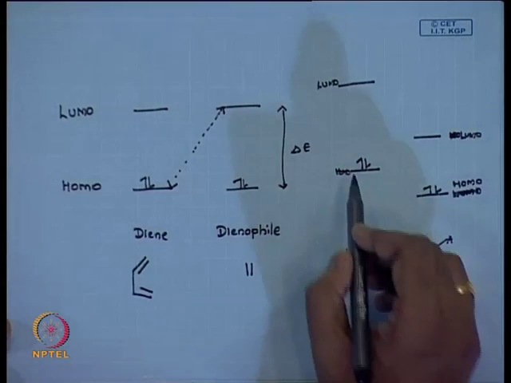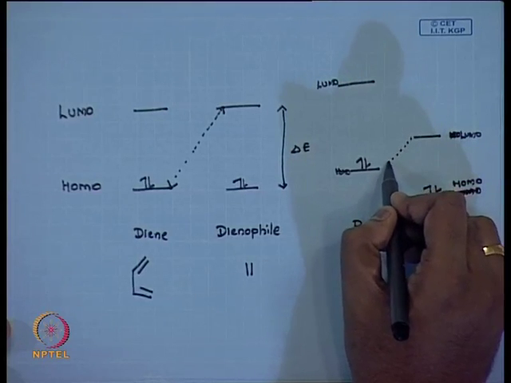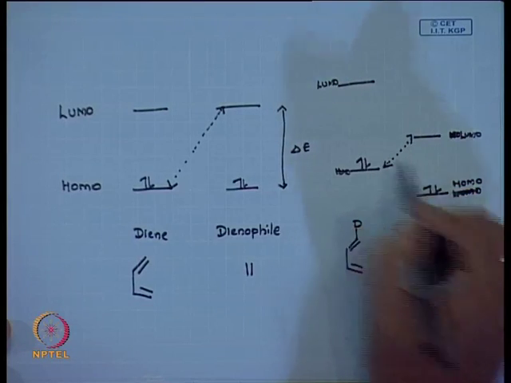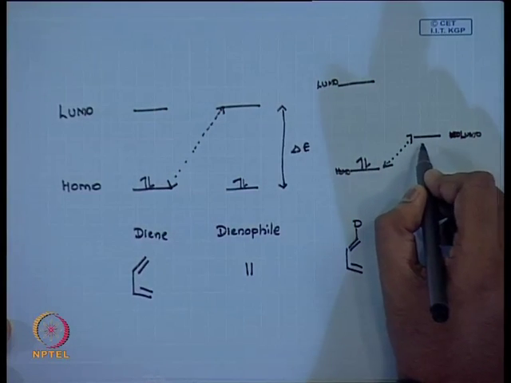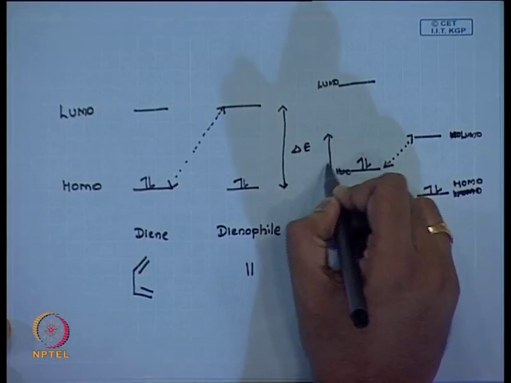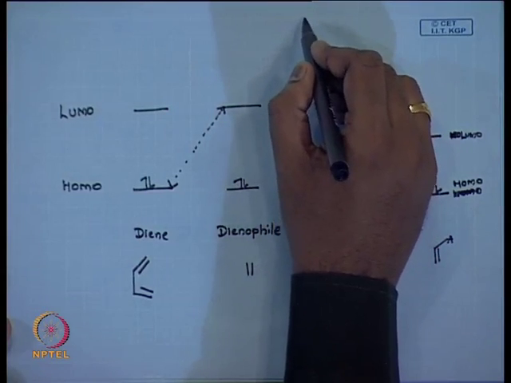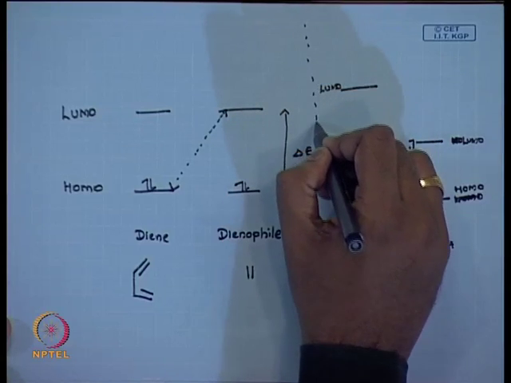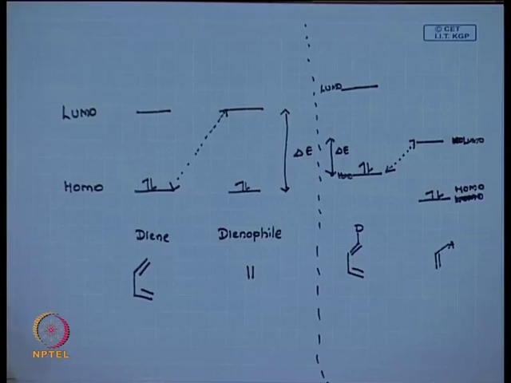Okay. Now, you are talking about the HOMO and the LUMO, right. You see now the energy difference. In this case, this is your delta E. In this case, this is your delta E. Okay.